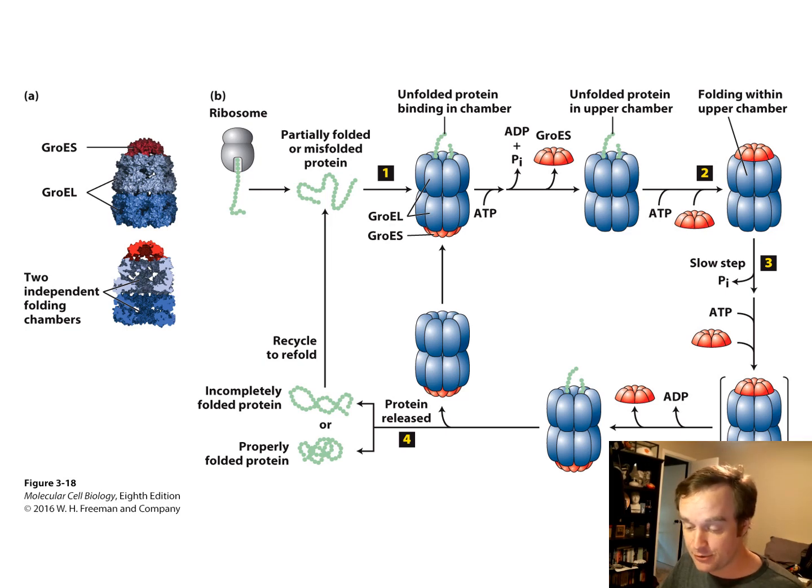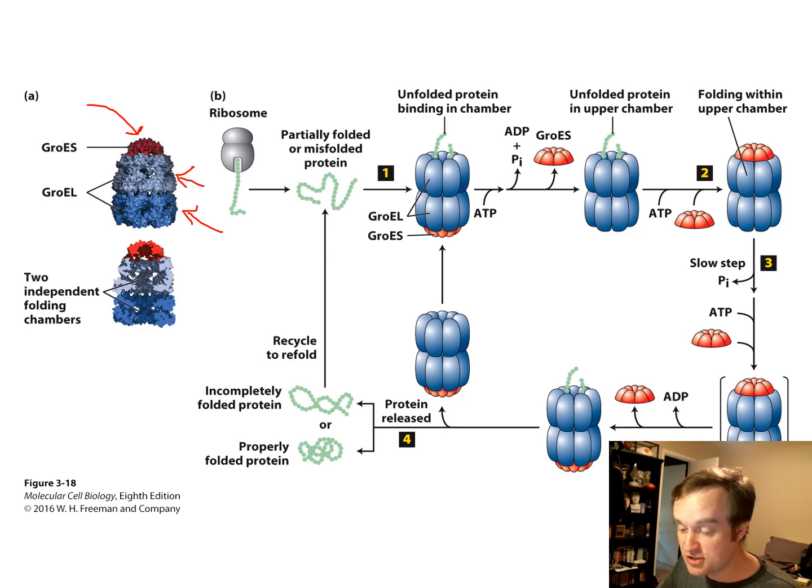Each of these rings, the top and the bottom, is 7 subunits that form these barrel-shaped chambers. And on top of that, there are these GroES, as opposed to GroEL, lids that will seal the top and the bottom of the chambers.